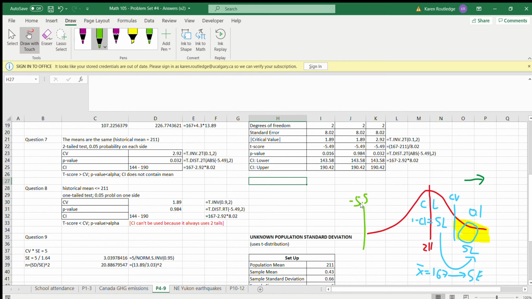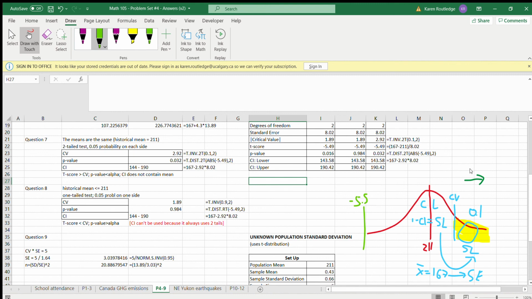So now we have a critical value, we have a t-score. These are the two things that we can compare, and that gives us one of our ways of dealing with hypothesis tests. It allows us to reject or fail to reject the null hypothesis. Now, even though we have a large number, 5.5 is big, at least in terms of magnitude, it is not more extreme than the critical value. Our critical value is up here at positive 1.89. Now 5.5 is big, but we haven't crossed our threshold. We haven't crossed 1.89 because, even though it's big, we're moving off to the left. We're moving in a direction that we don't care about.